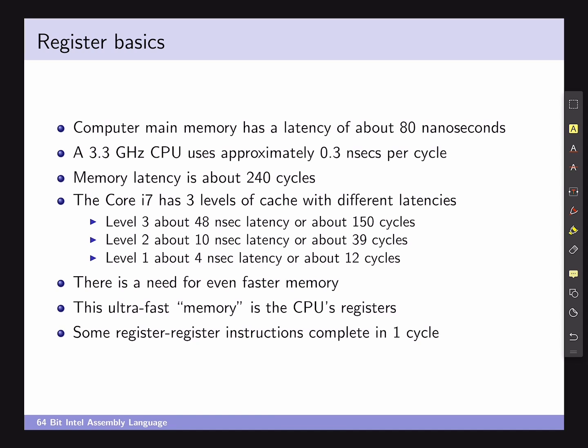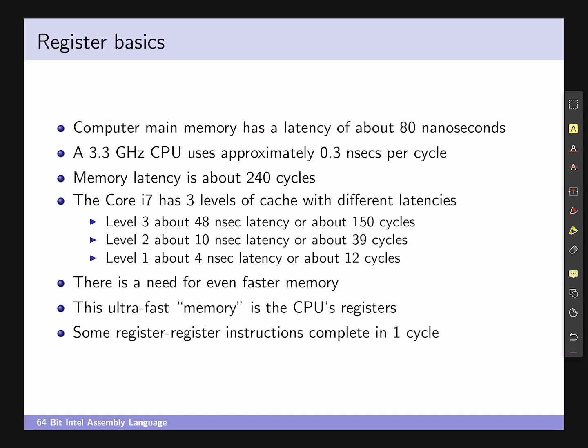So if, for example, I said earlier that you could complete a register to register move in under a clock cycle, it means that we're able to perform that operation in approximately 0.3 nanoseconds on a 3.3 gigahertz CPU. Now, memory latency is about 240 cycles, and you can calculate that simply from the fact that it's 0.3 nanoseconds per cycle, and it takes about 80 nanoseconds.